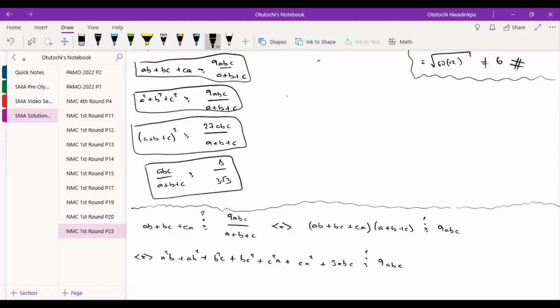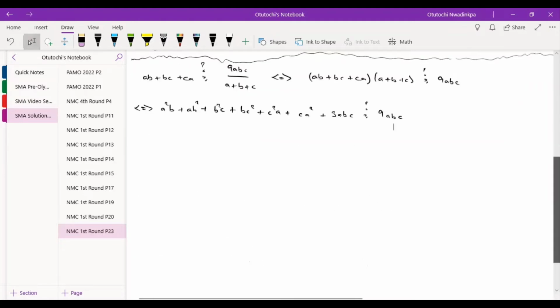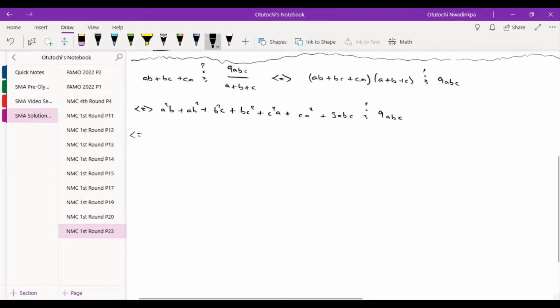And then of course, we can carry 3ABC to the other side and we'll have this greater than or equal to 6ABC.